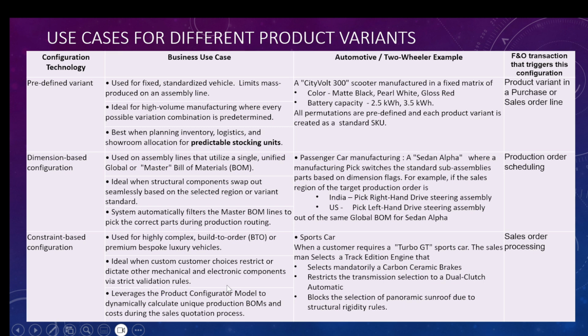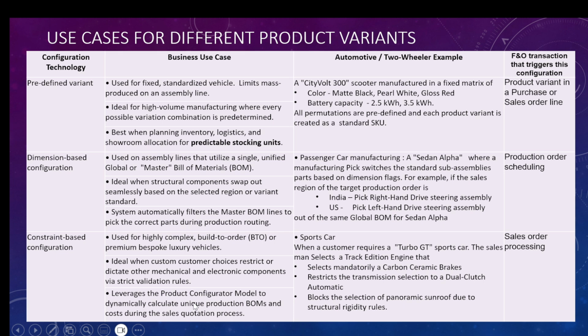Okay, now when this is ideal, when our customer choices are restricted and they dictate the mechanical electronic components based on some strict rules. Now how does it get implemented in F&O?